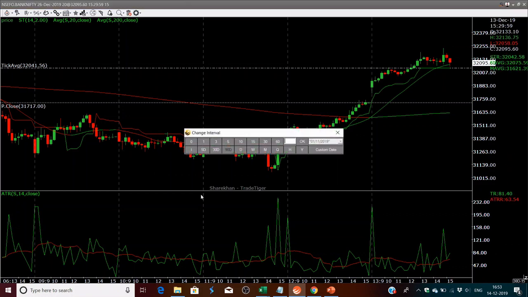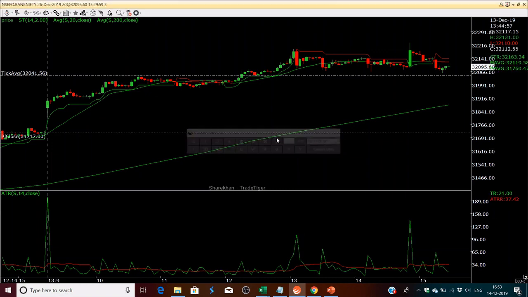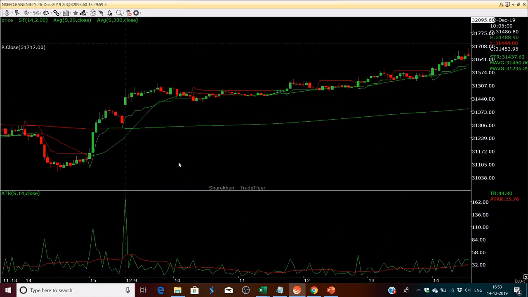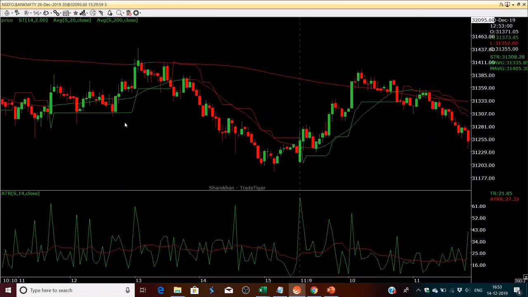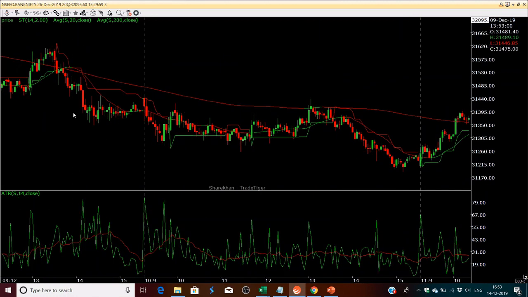If you are trading in 3 minutes and if you see the move is happening according to your direction, then quickly you can actually trail your stop loss as per the candles, 3 minutes candles, and get the gain out of it.